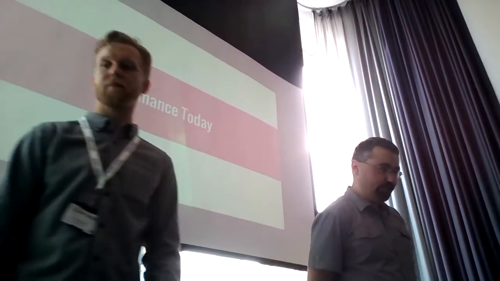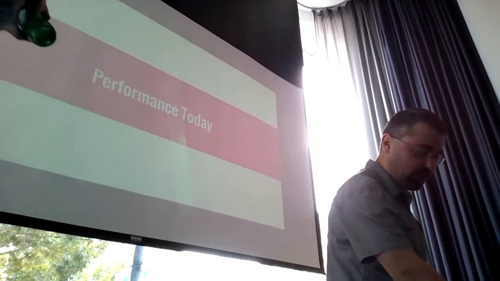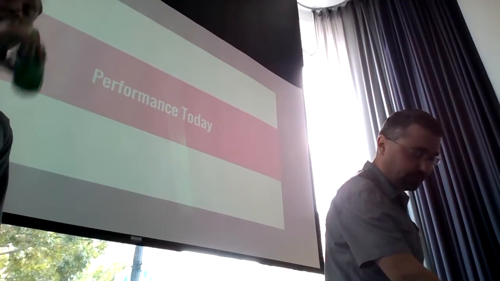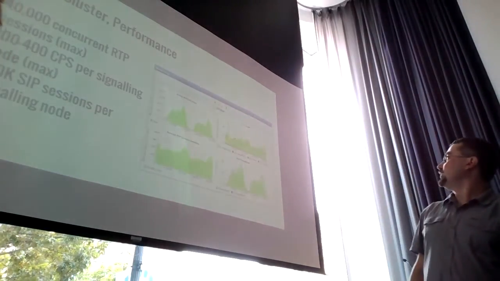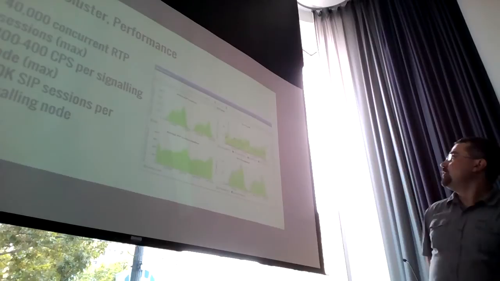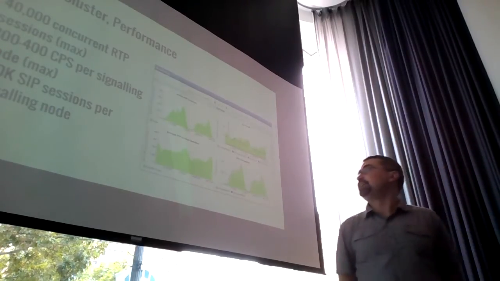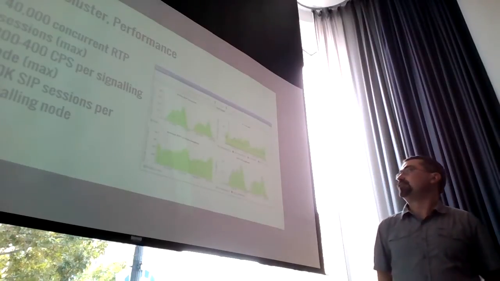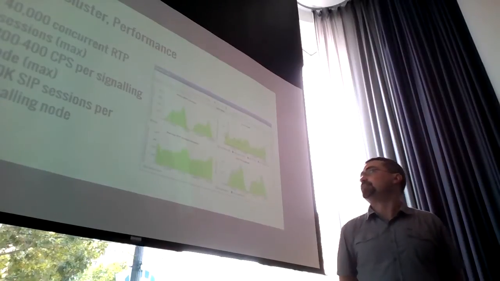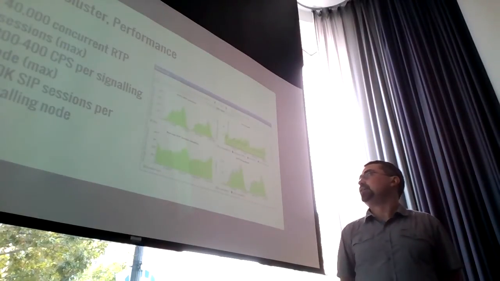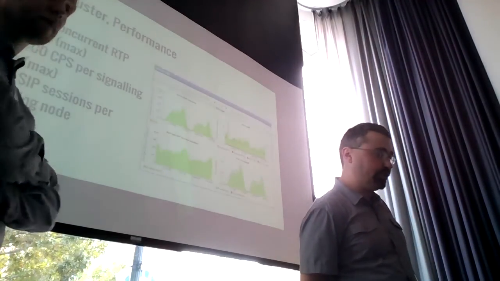This talk was called performance, so let's look at some of the stats that we have from running the setup mentioned on the previous slides. These stats are collected from an actual production system. By design, we have a capacity limit of about 40,000 concurrent RTP sessions, and on a per-node basis, we are limited to about 300 to 400 CPS per signaling node.